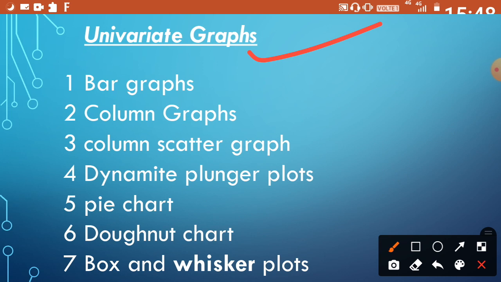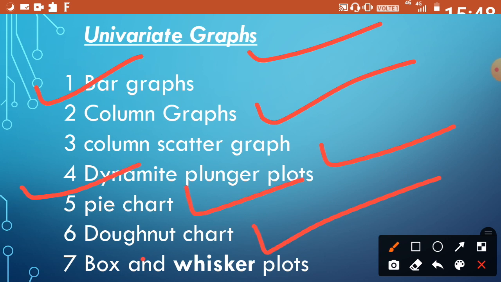When I have to represent univariables, or single variables, graphically, I can use bar graph, column scatter graph, dynamite plunger plot, pie chart, donut chart, and box and whisker plots. So to represent univariate graphs, we have these graphical presentations.